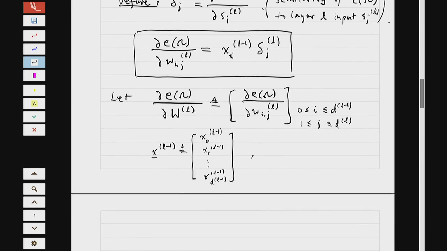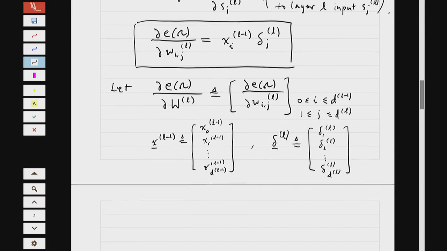And then we also define this delta L. We are not going to have a bias term, of course, because this one has to do with the input sensitivity. The bias term is not part of that input. So delta 1 of L down to delta D of L. Again, it looks a bit messy, but once you see the pattern, it's quite straightforward. Just stack them all up.